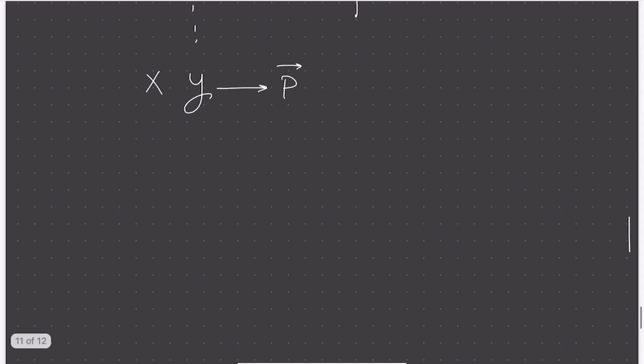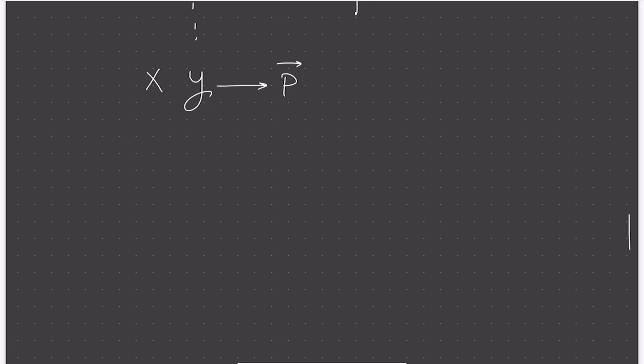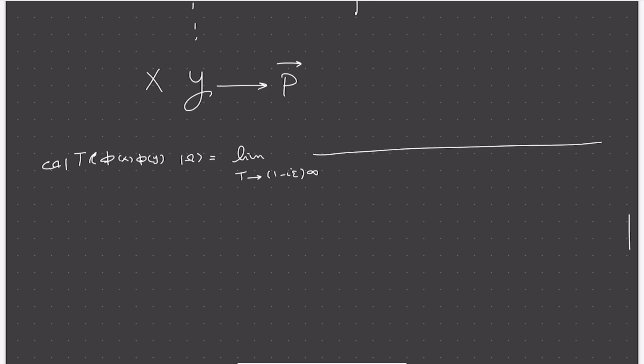Now let's go back to the original problem. The original problem was saying that the expectation value of phi of x, phi of y is equal to the limit of time goes to infinity of some numerator and denominator.